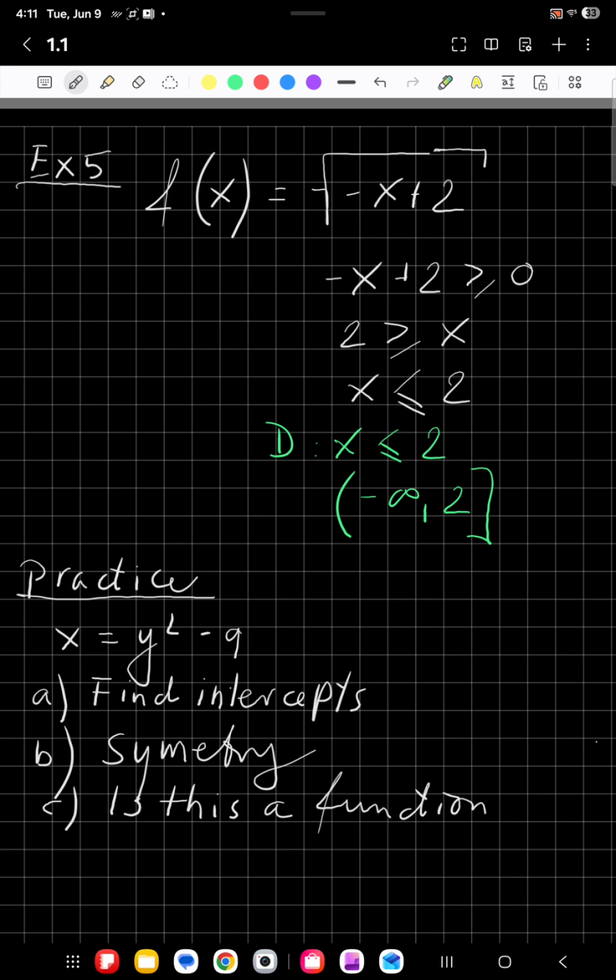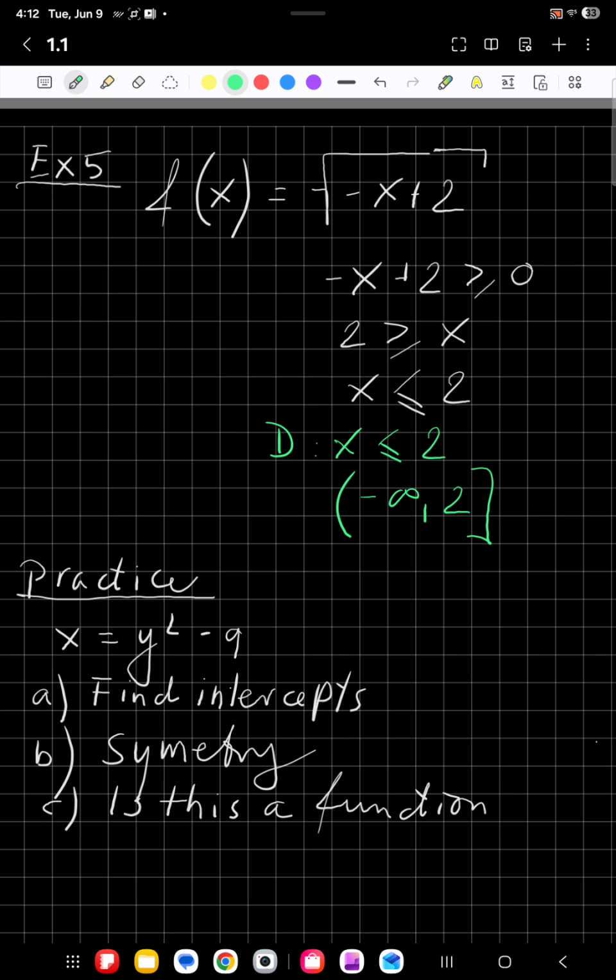Figure out if this is a function. Start with the first one, find intercepts, and I'll give you an answer. For that last question, can you tell why this is not a function? Because actually it's not a function.